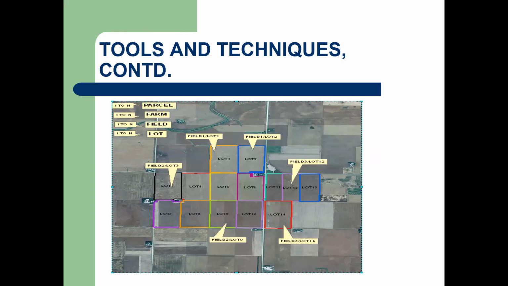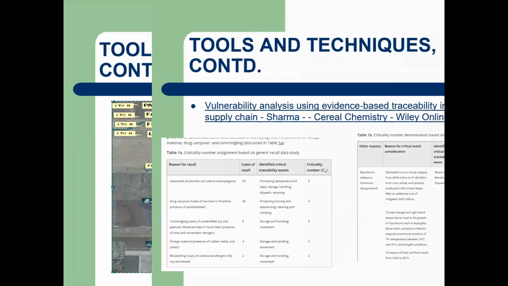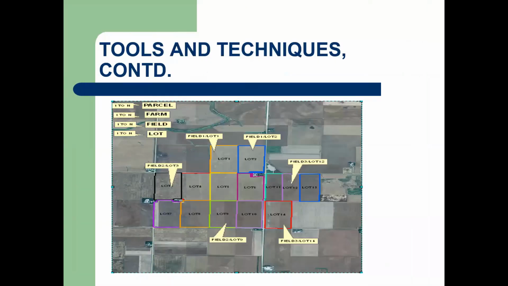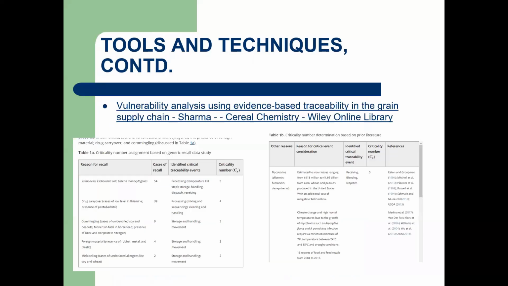For example, I did this for one of the grain companies. They wanted to know how high their wheat would grow in a particular lot on the land. So that's doing very specific tracing or tracking.